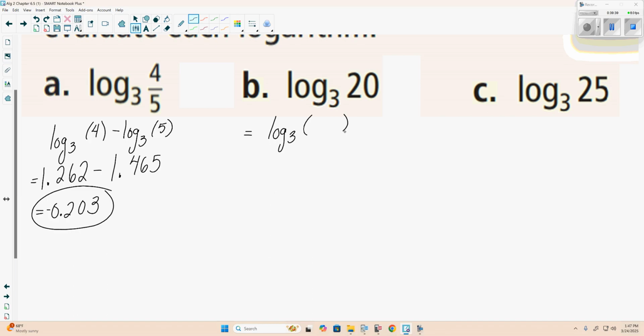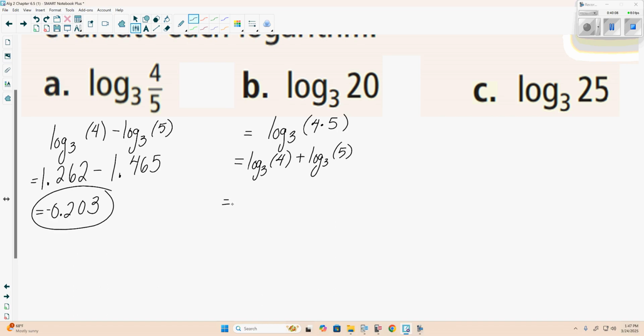B, log base 3 of 20. Well, we can rewrite 20 as 4 times 5. And since we have two terms being multiplied together inside the log, we can rewrite it as two logs being added.